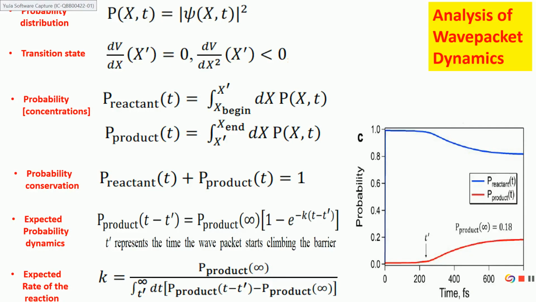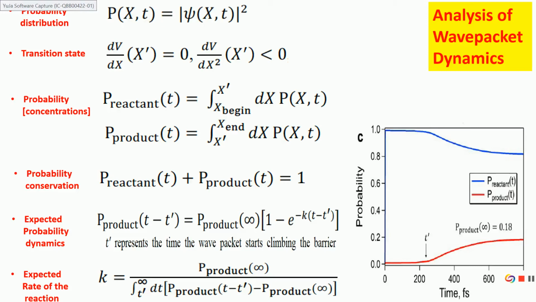Most of us are computing the one-dimensional wave packet dynamics, and we can convert it into probability distribution, right? The probability distribution can be split on the left and right part, which is reacting to the product. Or for Morgan, who is not here, but maybe he is watching, it will be like probability in one parabola or another one.